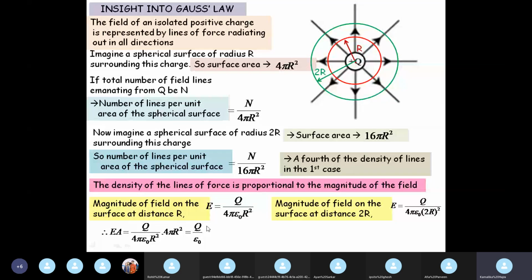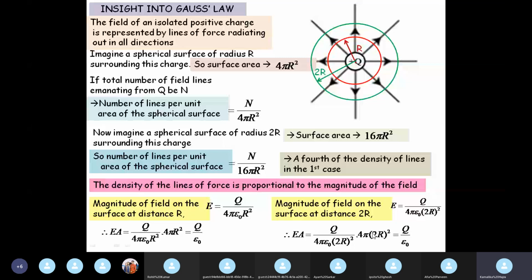The answer is Q by epsilon naught. If you do the same multiplication for the green sphere, E into A, now it will be Q by 4 pi epsilon naught twice R whole square multiplied by 4 pi twice R whole square. So again we are left with Q by epsilon naught.